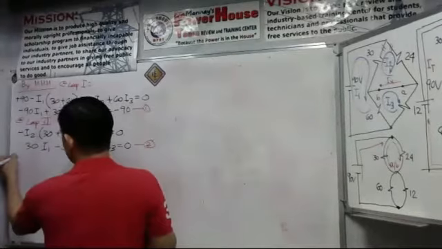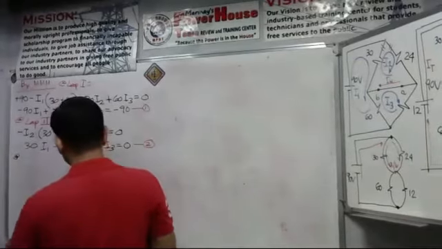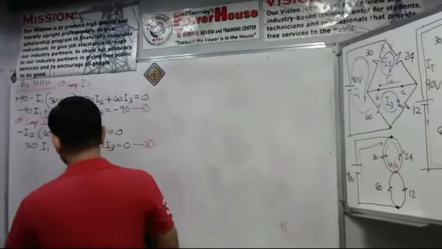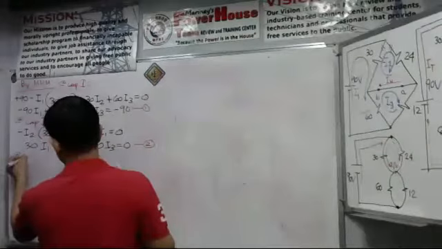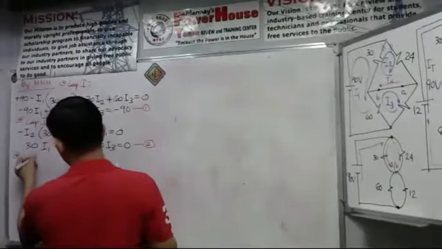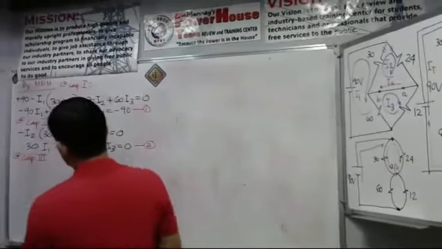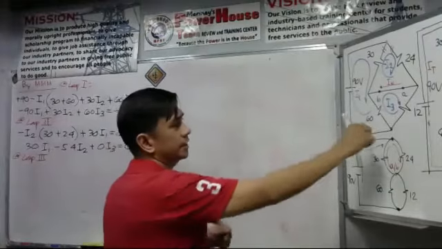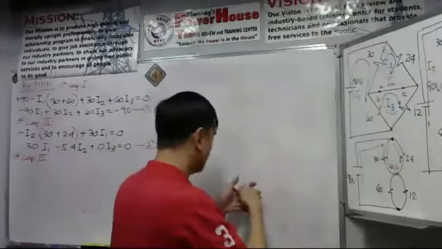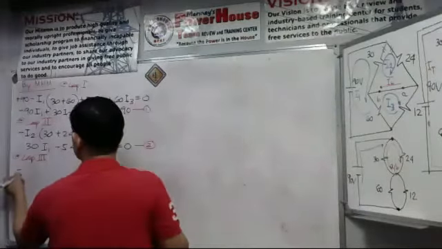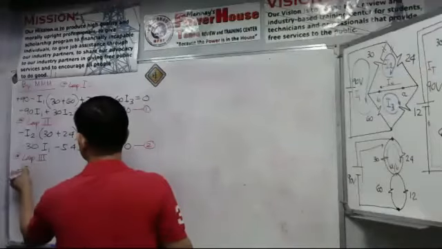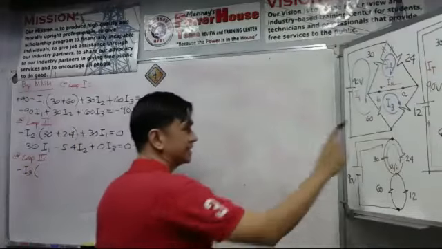Then, at loop 3, it will be what? Take a look here, guys. Automatically, negative I3 multiplied by the loop resistances.